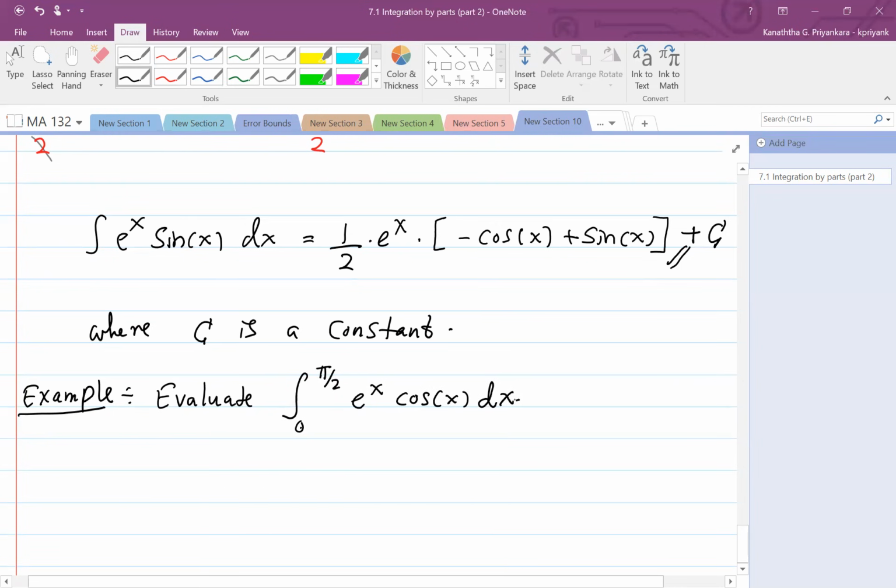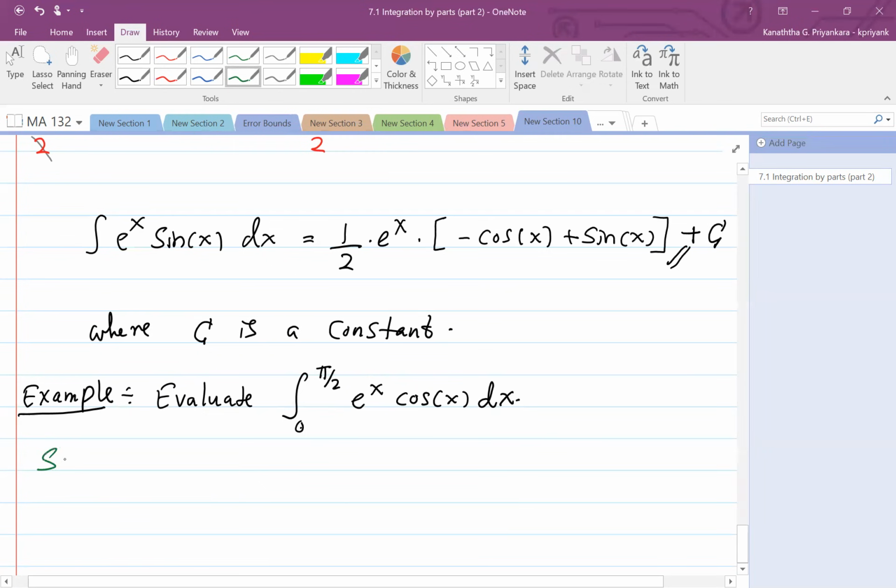So now this is a boomerang problem with the limit. So this is the definite integral. So we will do the same thing. So figure out u and dv. In this case, you can choose u as either e to the power x or cosine x. Doesn't matter which one you use.